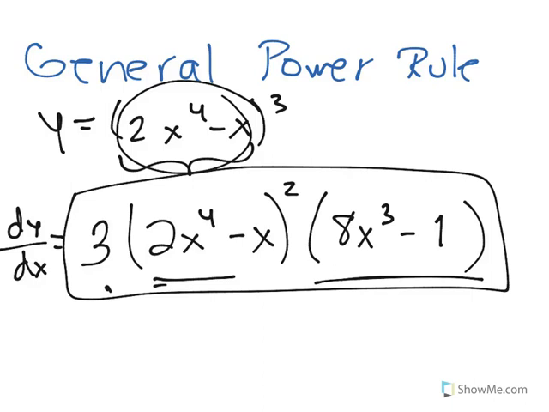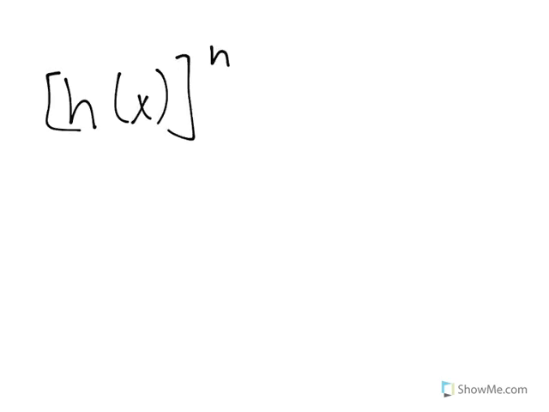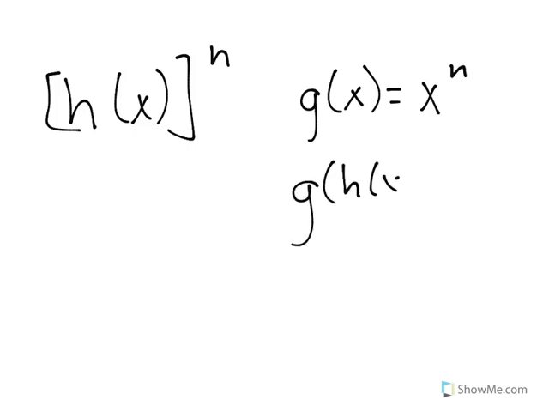Actually, you could derive the general power rule using the u substitution, or as we call it, the chain rule. Let's do that. Raising a function to a power, isn't it just that if you define g of x to be x to the n, and you are getting g of h of x, that's just h of x to the n, right?